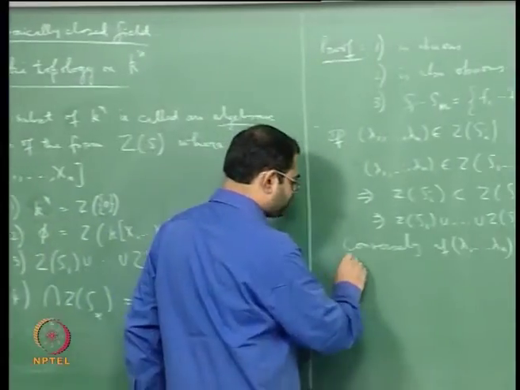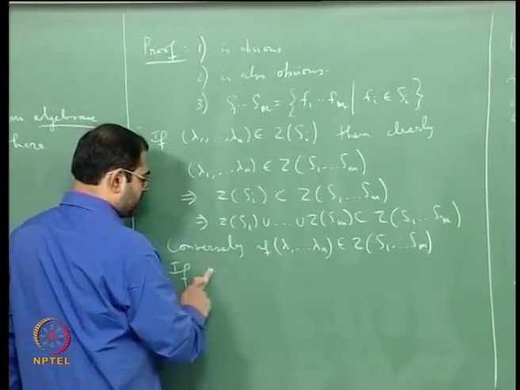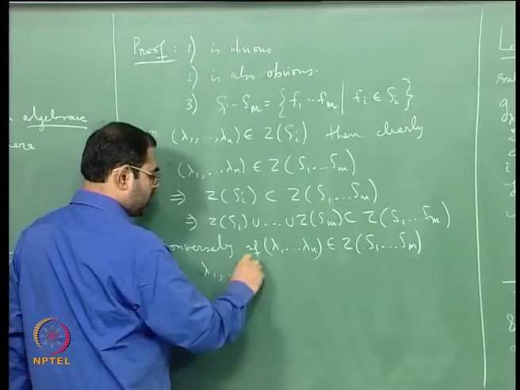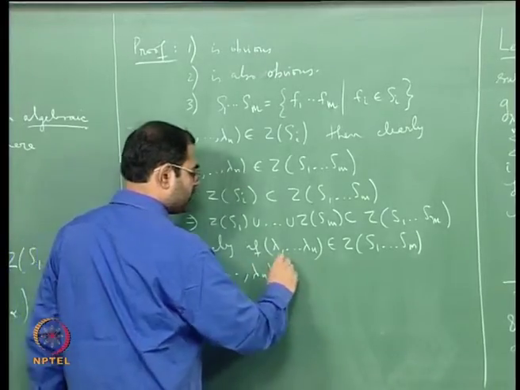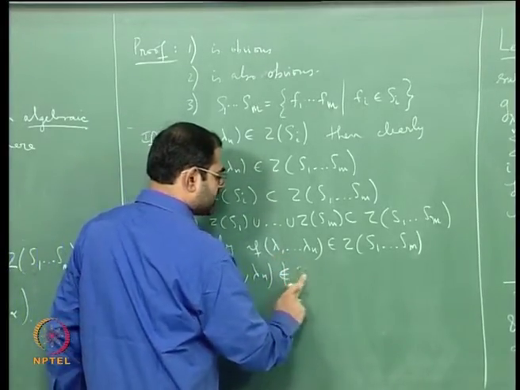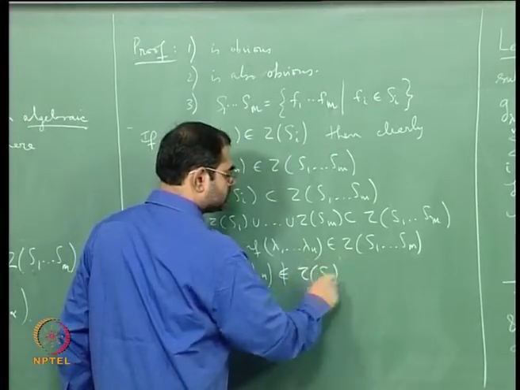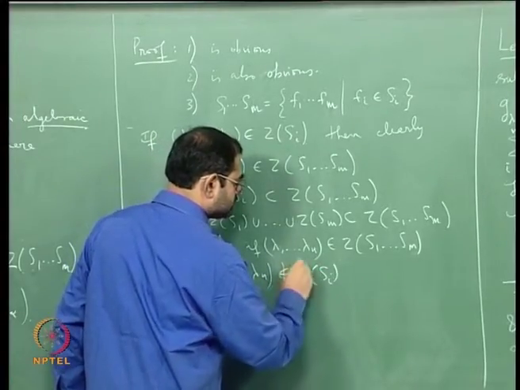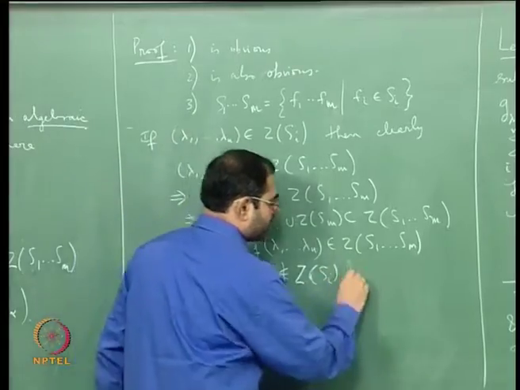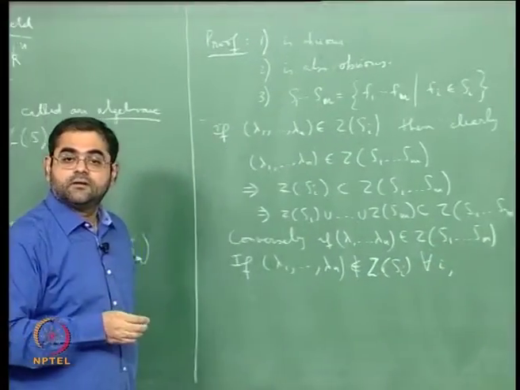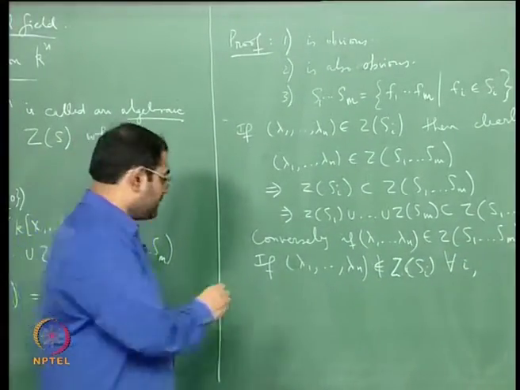If lambda 1 etc lambda n does not belong to Z of Si for every i, then what does it mean?